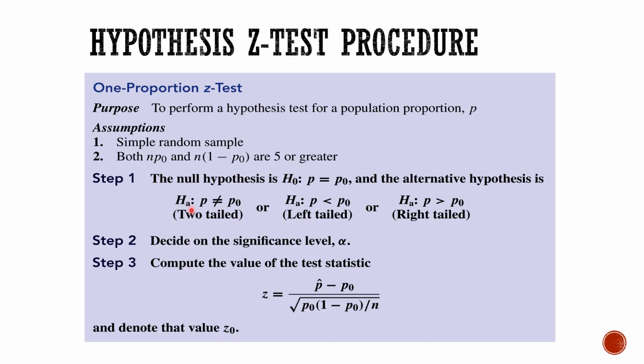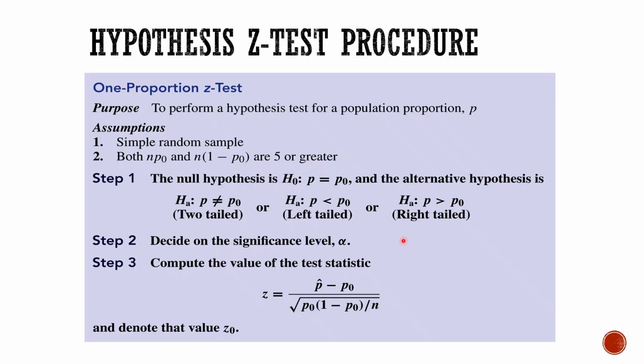A, implying alternative, is stated as P, again the population proportion, not equal to P sub 0, which would make it a two-tailed test, or it could be a left-tailed test where it says the population proportion is less than whatever the null proportion is, or P is greater than P sub 0, which would make it a right-tailed test.